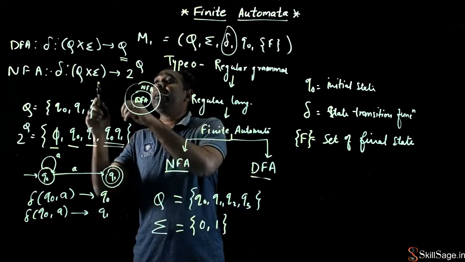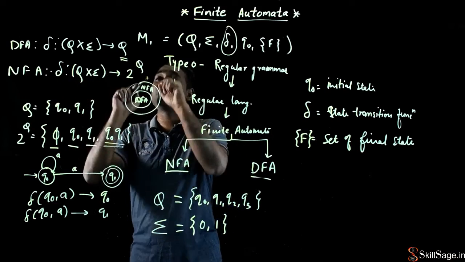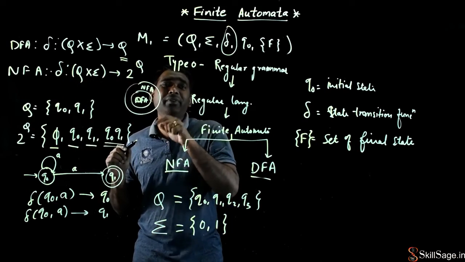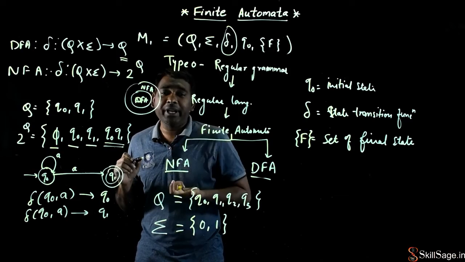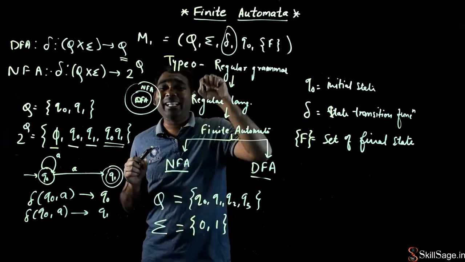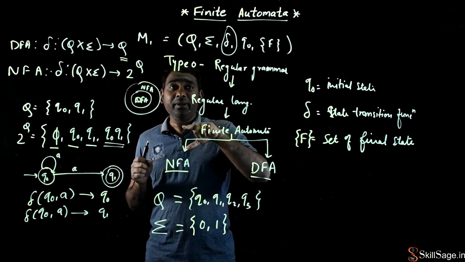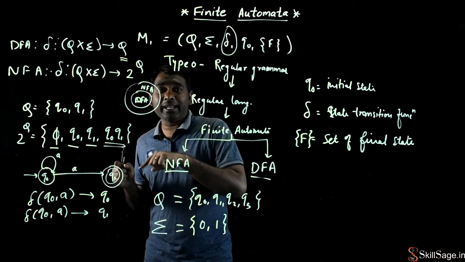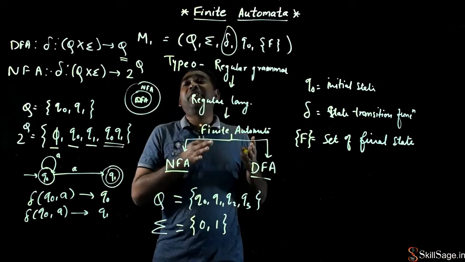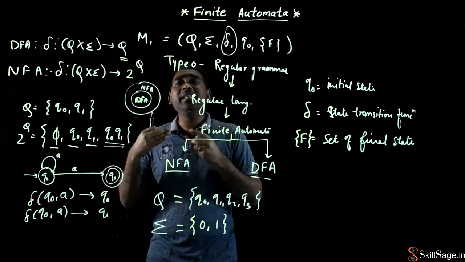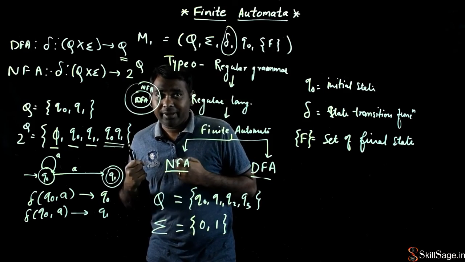As I have said, the delta transition is 2 raised to Q. If any finite automaton has multiple transitions on the same input symbol on any state, that is an NFA, but I cannot call it a DFA. But any DFA I draw is definitely an NFA.